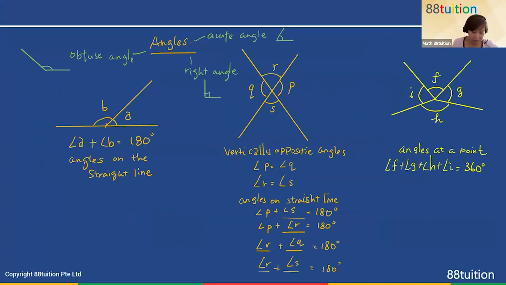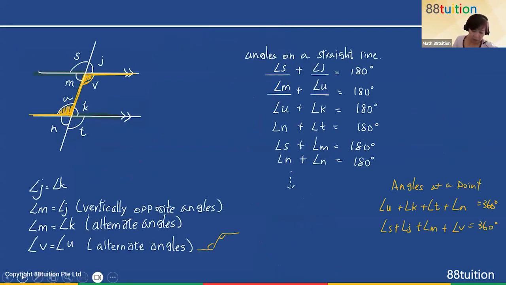And we learned about the properties of a straight line. Angles on a straight line add up to 180. We also mentioned vertically opposite angles. They are equal. And angles at a point all add up to 360.